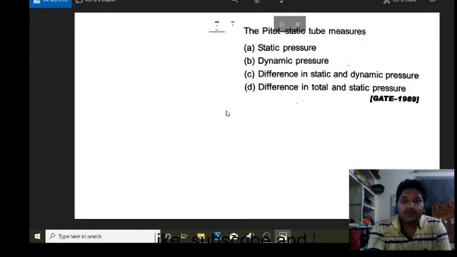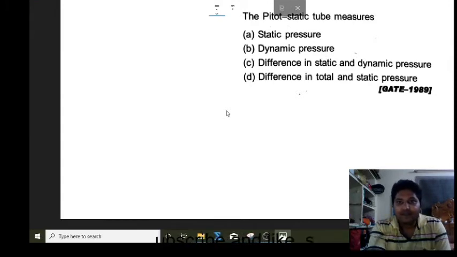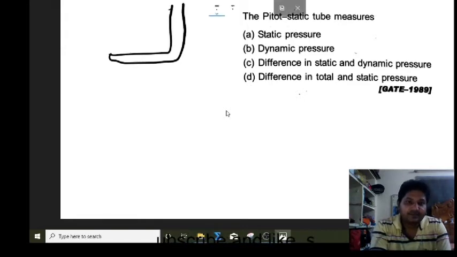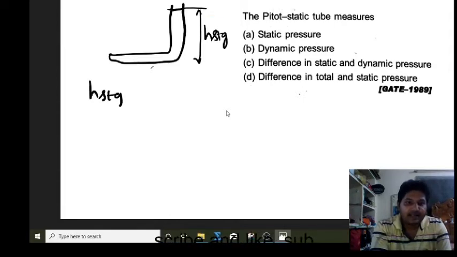Now this is also based upon the Pitot tube. The Pitot static tube measures the static pressure, the dynamic pressure, the difference between static and dynamic, or the difference between total and dynamic. So this is my Pitot tube, and suppose this is my water. This is my stagnation pressure head, which is the static pressure head plus the dynamic pressure head.